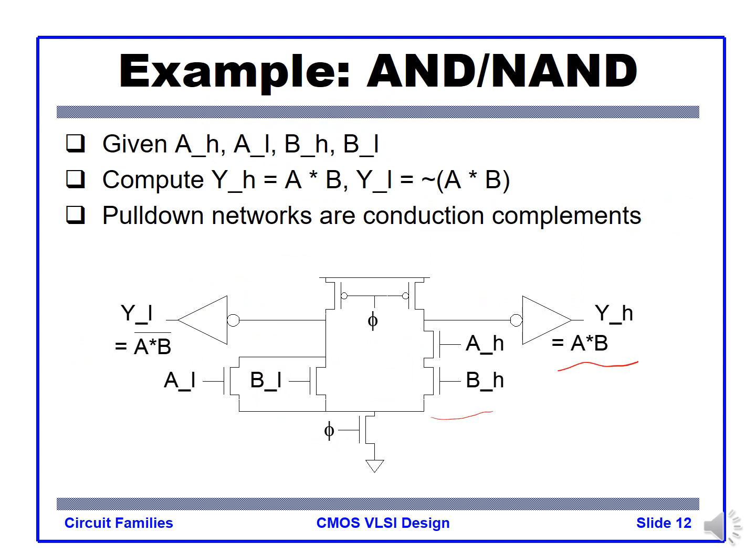Through this series connection, through the inverter we have A and B, and in parallel here, A bar and B bar. Through the inversion, we have the inversion of A and B there. So this is like a parallel and series combination, right? The pull down network generates the complementary output here. So by having this kind of differential structure, we can get both at the same time, like an AND and NAND operation at the same time.